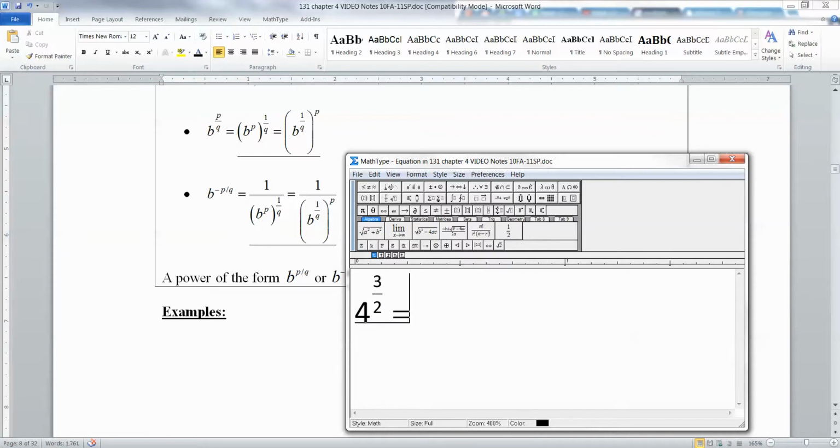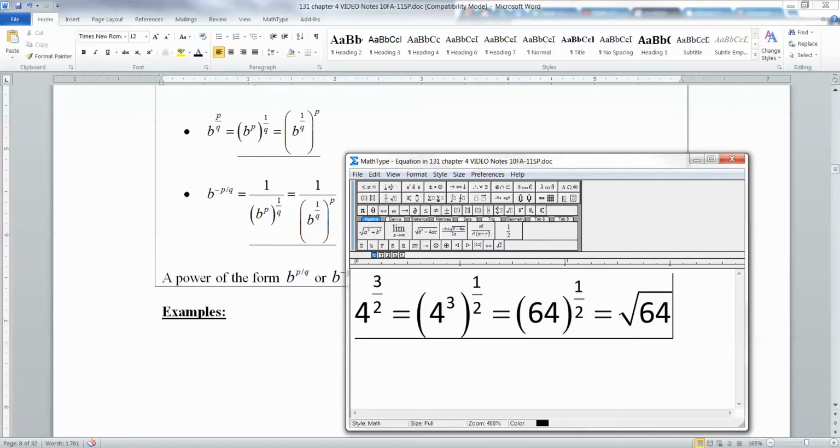I could say, hey, that's 4 to the 3 to the 1 over 2. That's that first one, b to the p to the 1 over q, which we know is, hold on, 64 to the 1 over 2, which we all know is 8, because that's the square root of 64, which is 8. Okay, that's one way you could go.